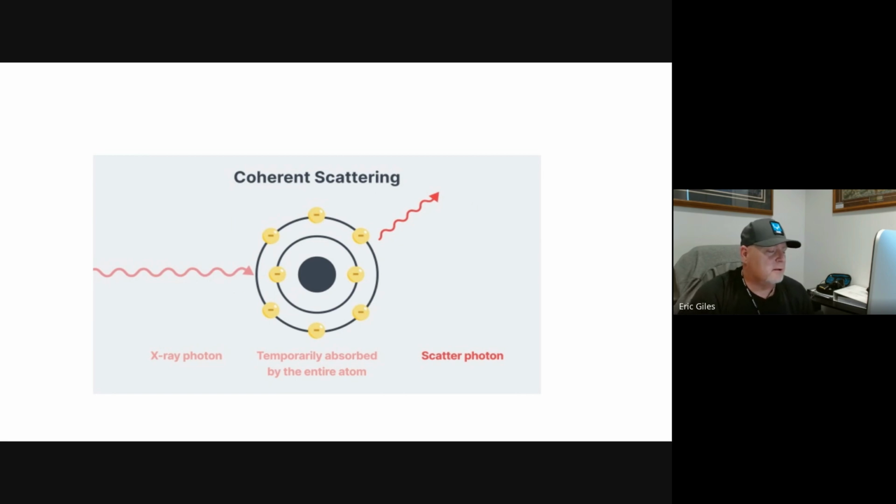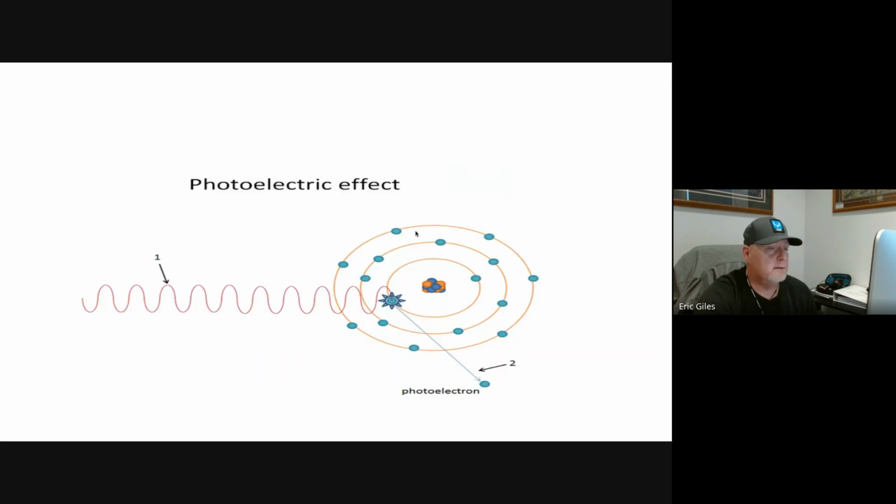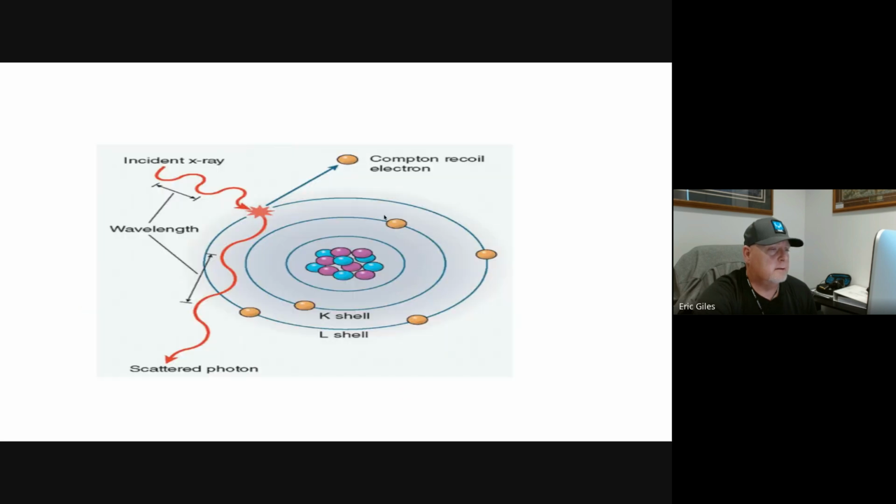The body, it's usually absorbed by the body. So coherent scatter. So we need to know about the photoelectric effect, where it hits an inner shell, okay? And the Compton effect is where it hits an outer shell and releases a photoelectron, but as a Compton electron, but it also releases a scatter photon, okay, which can be detrimental to our image and us if we're out there unprotected.